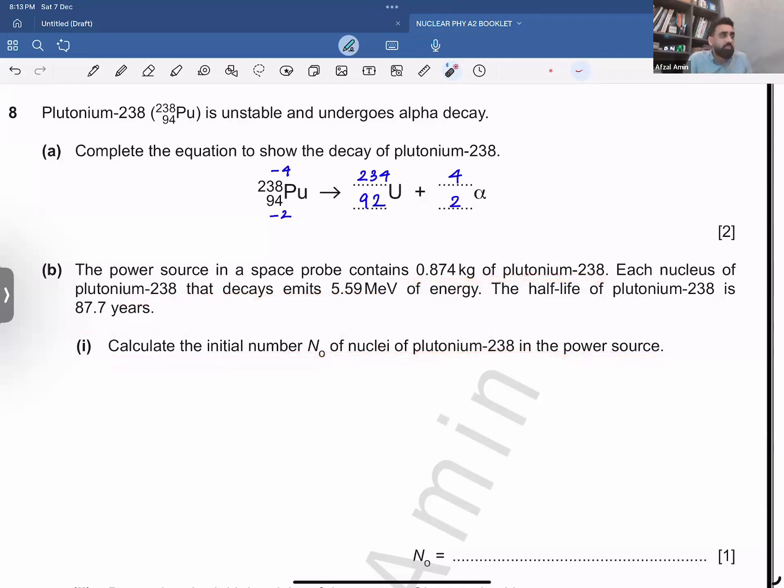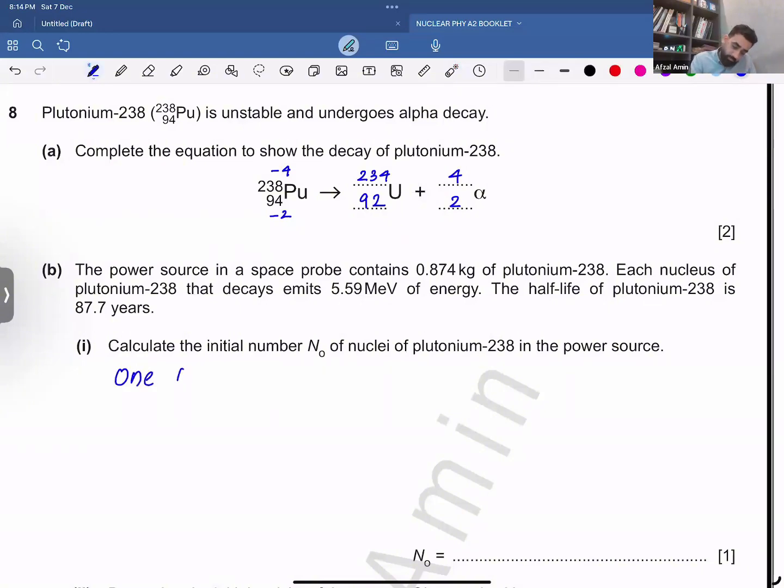We will find the mass of one nucleus. They use the word nucleus. Find the mass of one nucleus as you did before, then divide the given mass by the mass of one nucleus. You will get the total number.